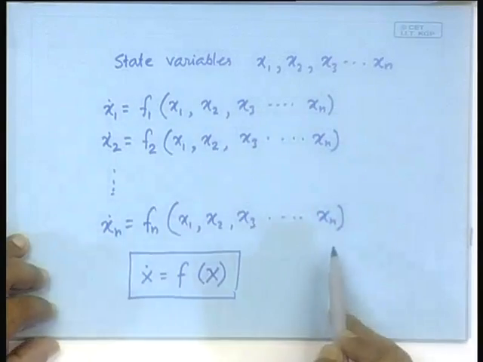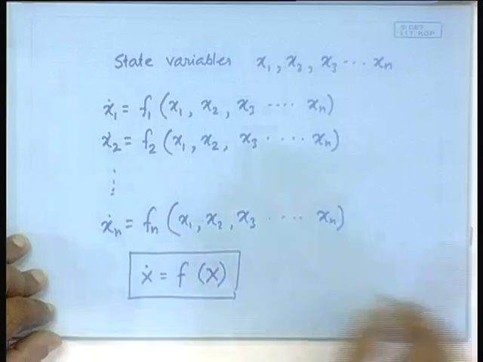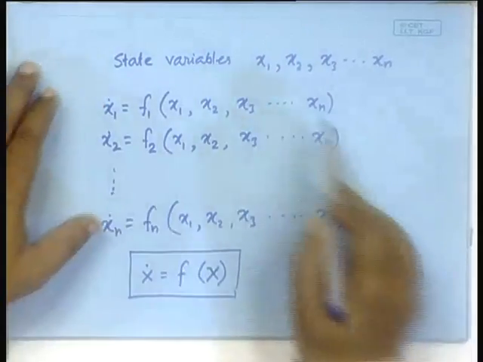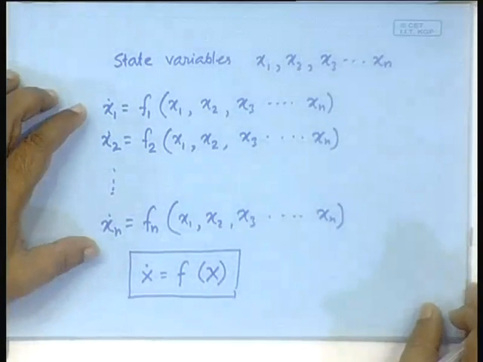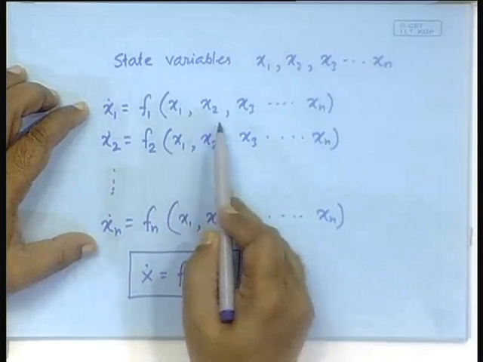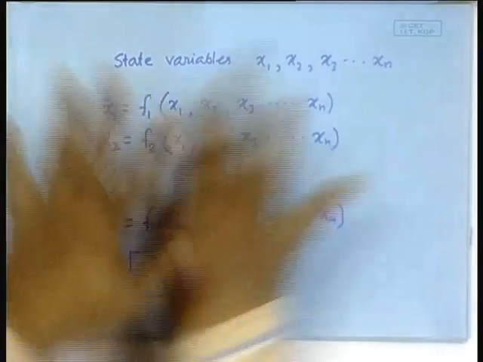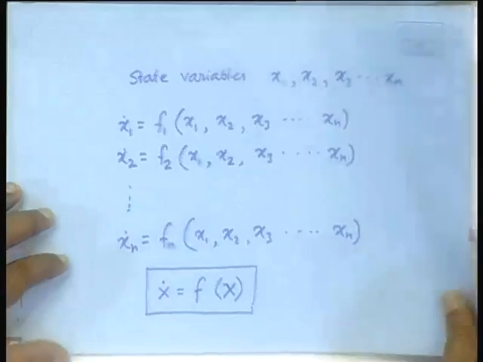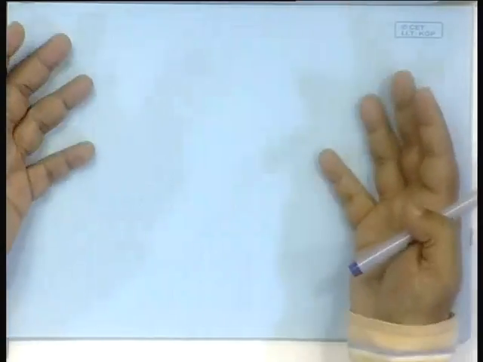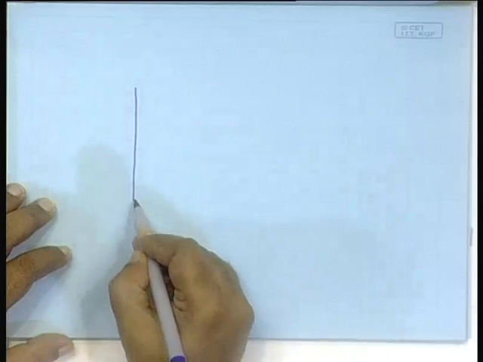Now, what these define is something like this. After we have defined this, the next conceptual step is to define a space in which the x 1, x 2, x 3 and all that are the coordinates. That would be the state space. Since we are constrained to draw and think on a two-dimensional paper, I will use a two-dimensional state space to illustrate what I mean.